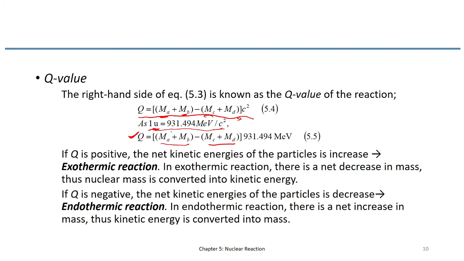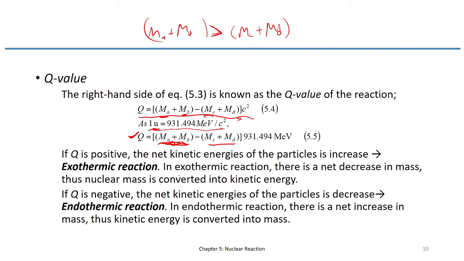Typically, like in fission, the mass before the reaction, so MA plus MB, is bigger than MC plus MD. So the mass before the reaction is bigger than the mass after the reaction. In this case, your Q value will be positive.